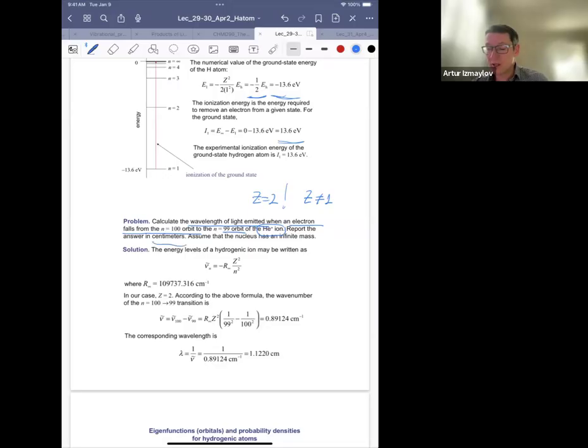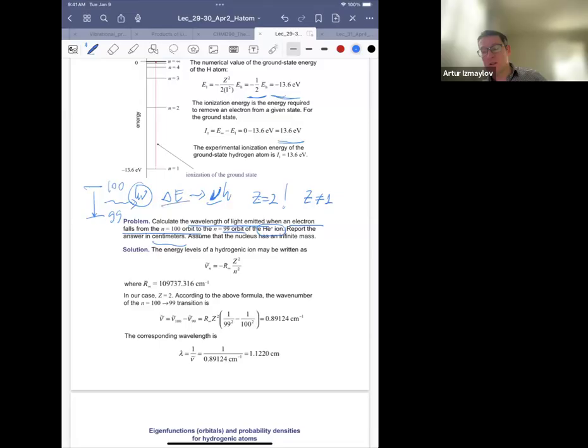So we want the energy difference that is translated into the frequency of light that will get emitted, right? Because when you have the 100 level and the system goes to 99, then it produces light. And then the question is, what is the frequency of that light? So you need delta E, and then delta E is h nu, where nu is the frequency.